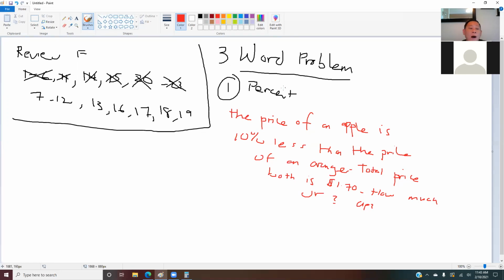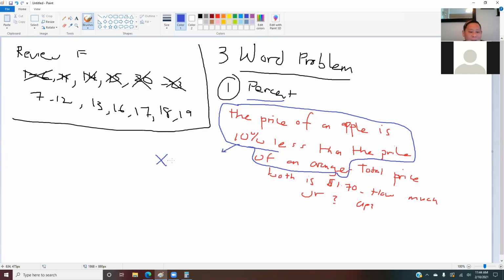Okay. So this is considered percent, this is tough. That's why I need to go through this with you. So when you read this, the price of an apple is 10% less than the price of an orange. So you have to declare x here. How do you declare x? It is the one that comes at the very end of the sentence.